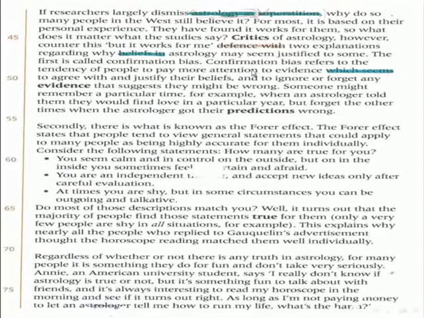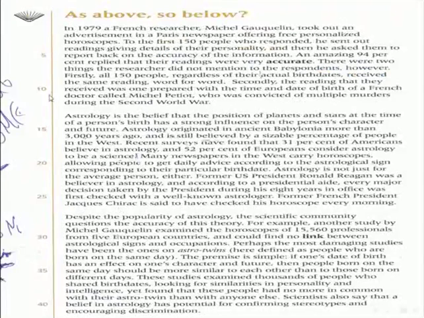Let's go back. Right, here 9, that means what? This is 9, this is 8. Between 8 up to 12, up to here, right? So 9, here 9, and here 8. Let's read. All 150 people, regardless of their actual birth dates, received the same reading, word for word.